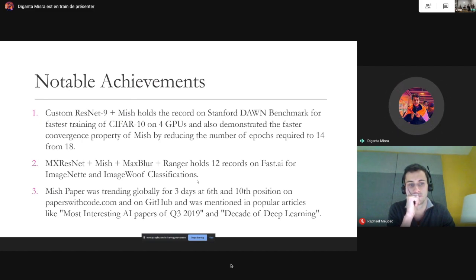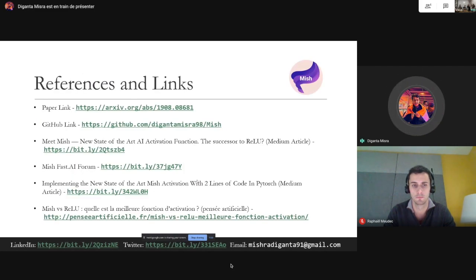Also, I had the fortune of having my paper and my repository trend for 3 days on paperswithcode.com, and it was also trending on GitHub, and was featured on 2 very important blog posts which covered the most interesting AI papers of the 3rd quarter in 2019, and also covered in the Decade of Deep Learning article, which was shared by many.